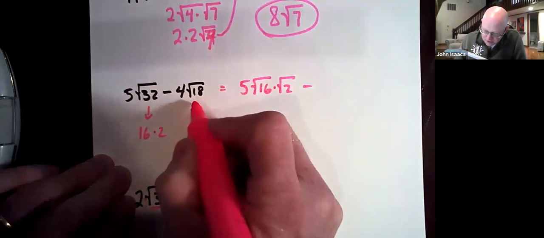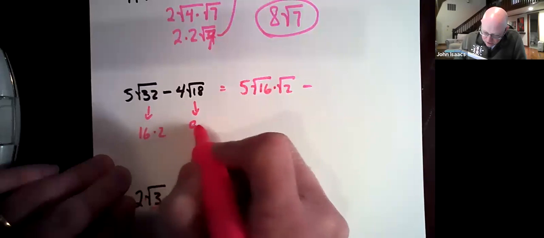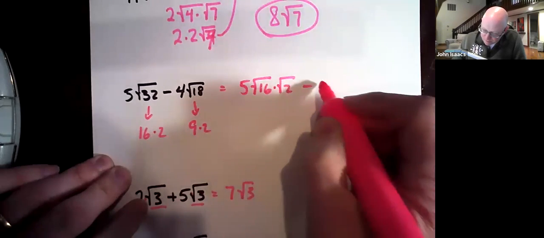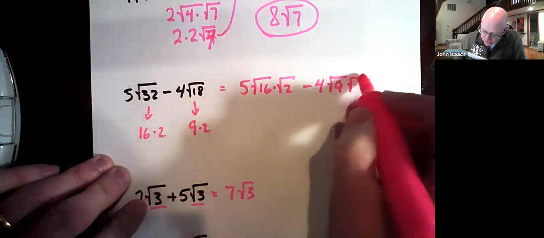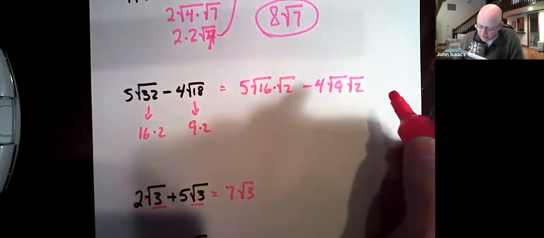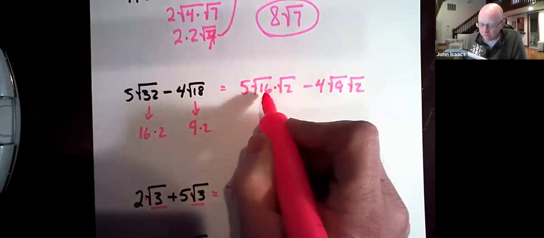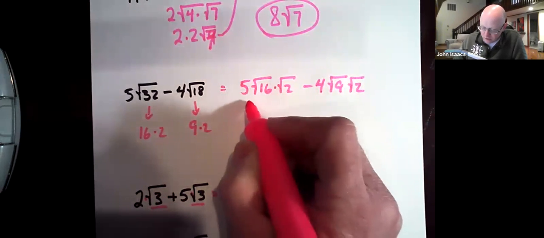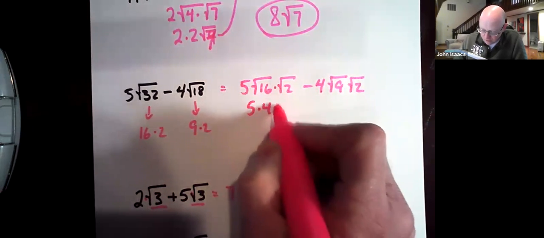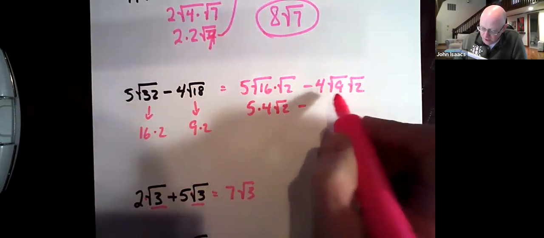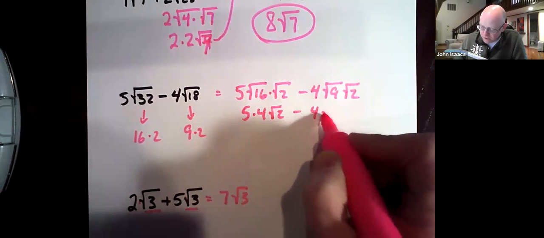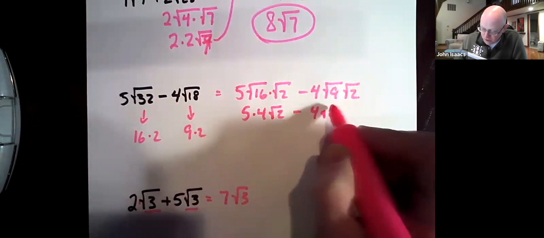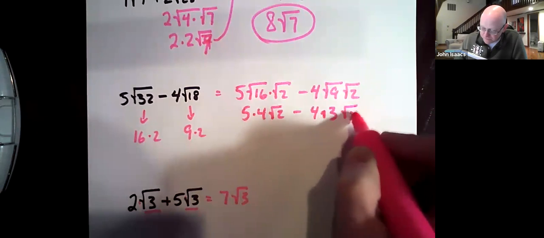Minus, let's see, the 18 I would think of as being like 9 times 2. So this would be minus 4 times root 9 times root 2. Okay. Root 16 is 4, so this is 5 times 4 times root 2. And root 9 is 3, so this is 4 times 3 times root 2.